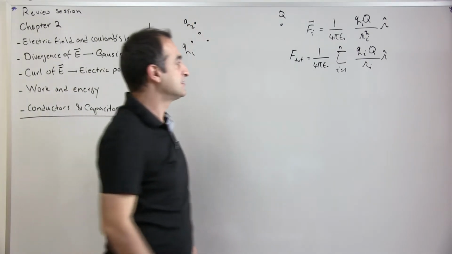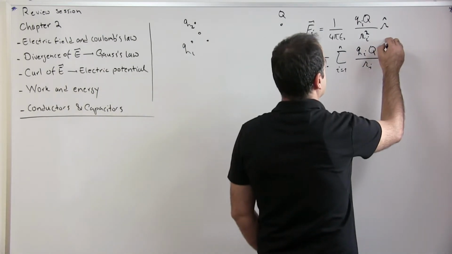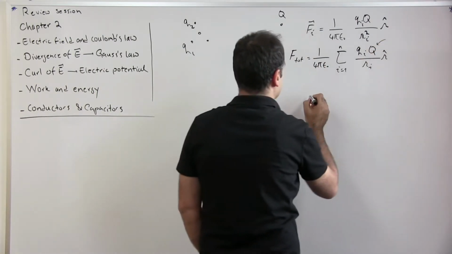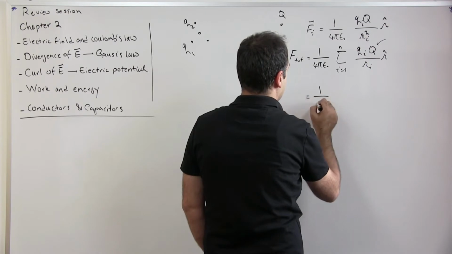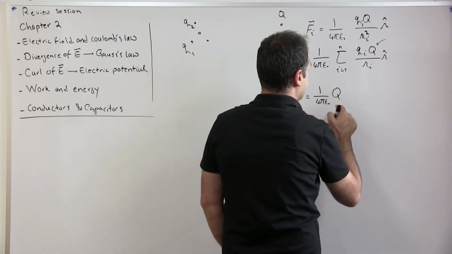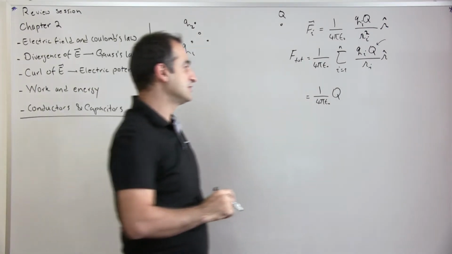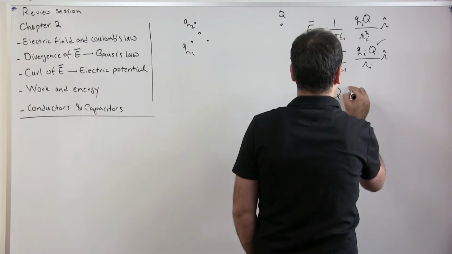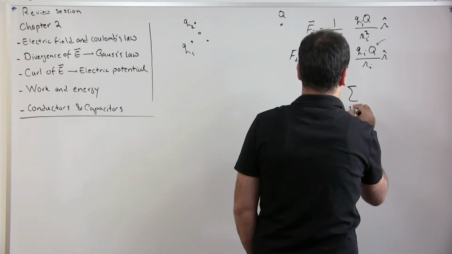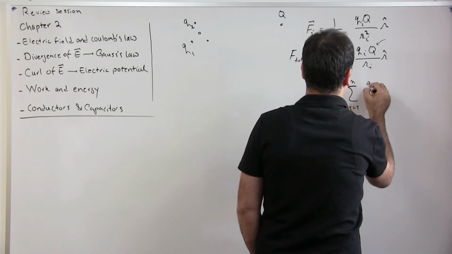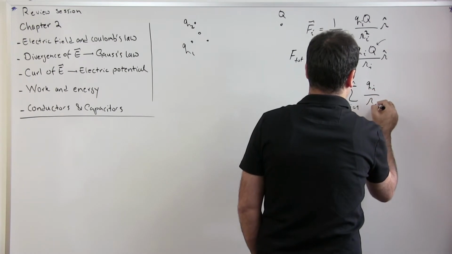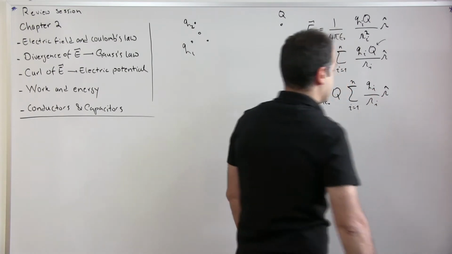Okay, and what's nice about this is that this force at the end of the day is proportional to Q. So you can write it in terms of 1 over 4 pi epsilon 0 Q, the magnitude of the electric charge on the test charge times sigma i from 1 to n qi over Ri squared times R hat, okay?